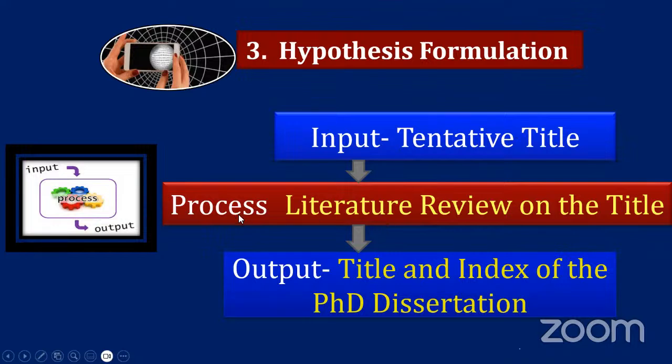And here the process is literature review on the title. Now you see, we started with a broader area of science, computer science engineering, carrying out the literature review. Therefrom, we culminated into operating system, and from there to embedded operating system. And on research trends in embedded operating system, we have got a certain title, maybe power optimization, because these Android devices are small mobile phones.